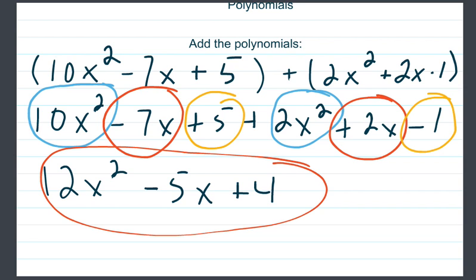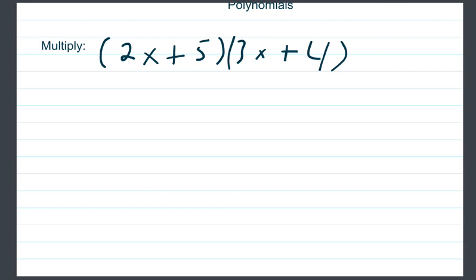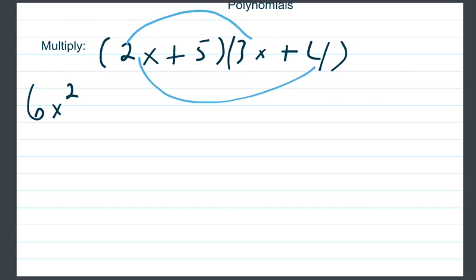When multiplying polynomials, what you want to do is use the FOIL method when you distribute. So what you would do first is multiply 2 times 3x, which will give you 6x squared. Then you would multiply 2x times 4, which gives you 8x. And then you would multiply 5 times 3x, which will give you 15x.